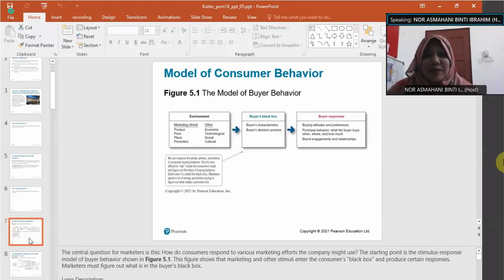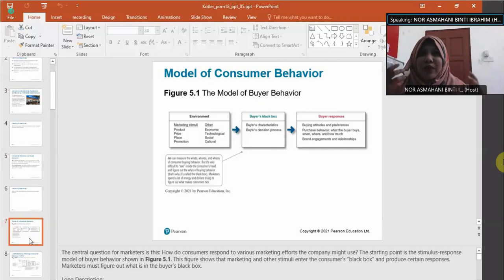Okay, so buyer will respond. So when you are exposed to the environment factors that influence you, your own characteristics, you have your own attitudes and preference towards the product or service you want to get, right? Your behavior, what you buy, when, where, how much, right? And then brand engagement, right? You have some brand preference in your mind.